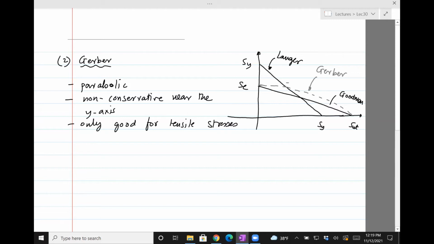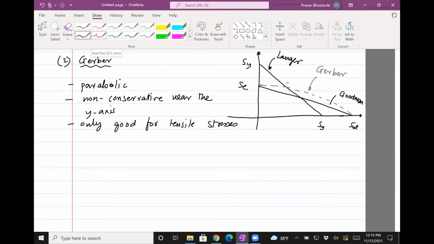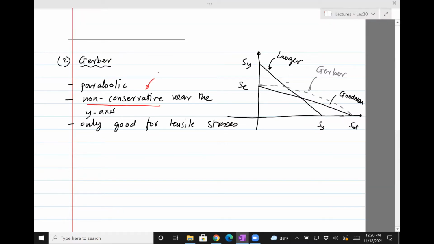When you say non-conservative, it really is something bad, right? Non-conservative means that it doesn't really fit the data well. However, it's very good as you go further away from the y-axis.